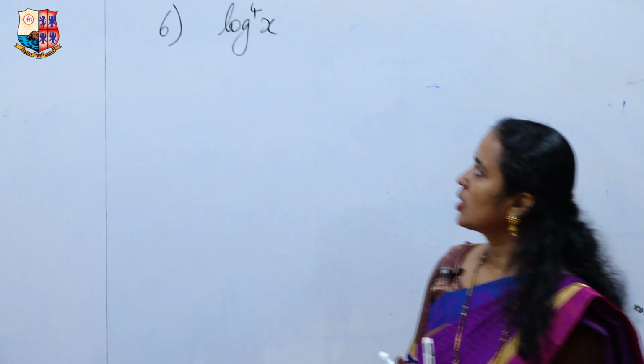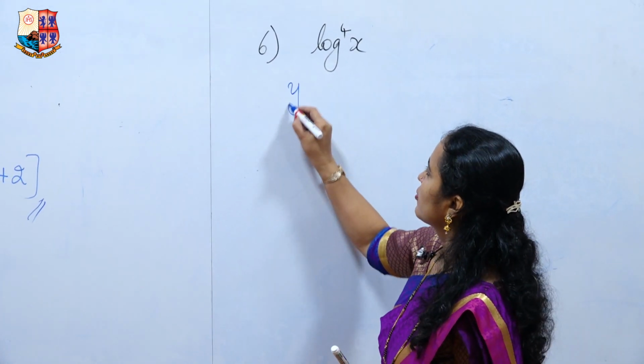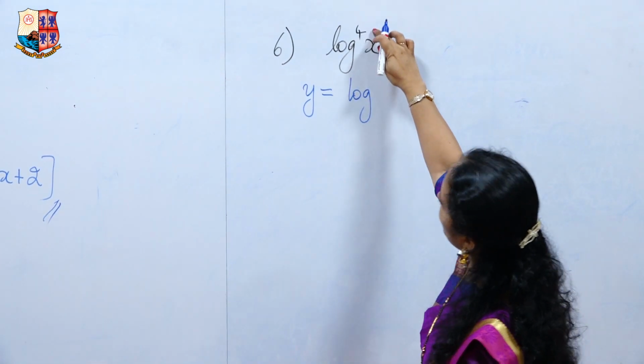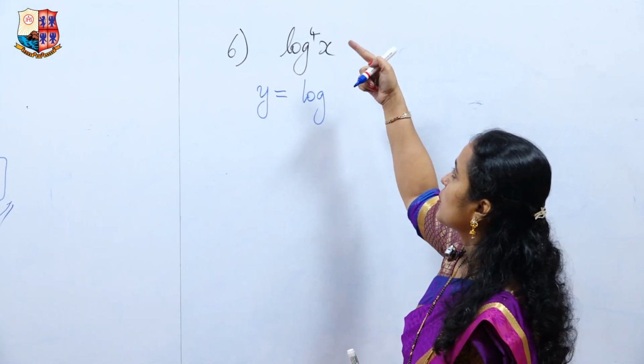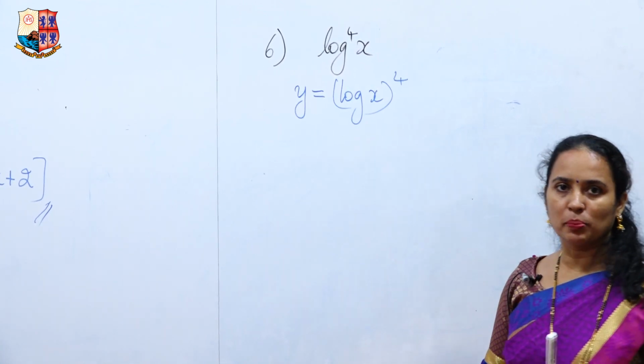Sixth problem, log to the power 4x. Take the given function as y. Y is equal to, what do you mean by log to the power 4x? It is log x the whole power 4. So that means outermost you have the power.